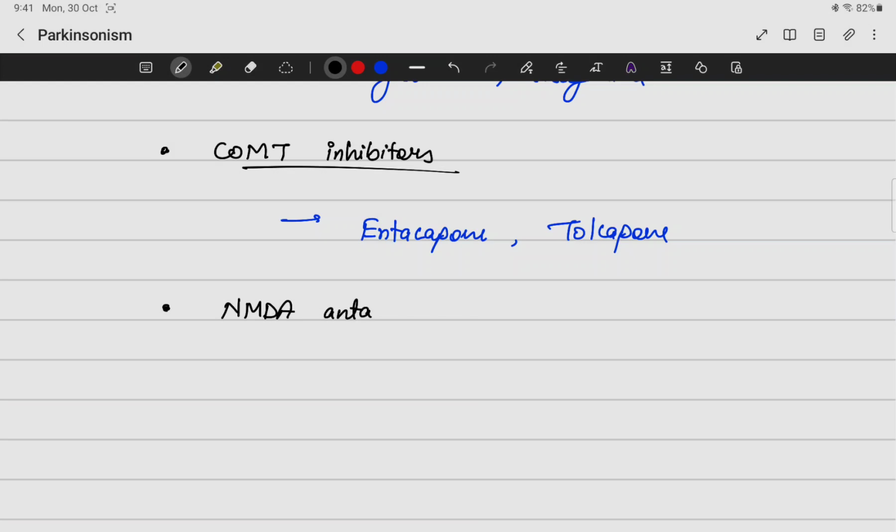If we inhibit this effect of glutamate, it can relieve the symptoms of Parkinsonism, and so NMDA antagonists are used in Parkinsonism, but their effect wears off very rapidly, and also tolerance develops to these drugs, and they are not really commonly used. Example includes amantadine.